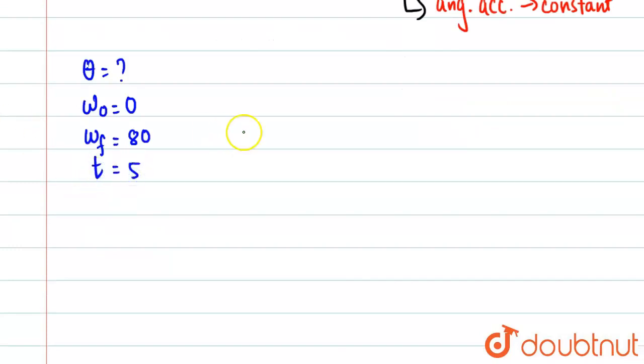So which equation will we use? We will use the third equation. What is the third equation? It is omega f square is equal to omega naught square plus 2 into alpha into theta.